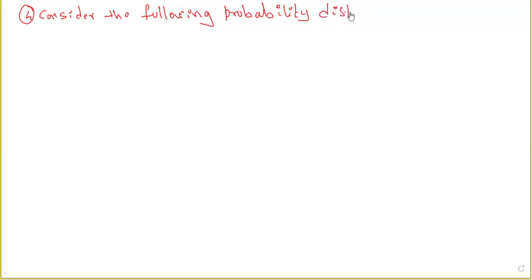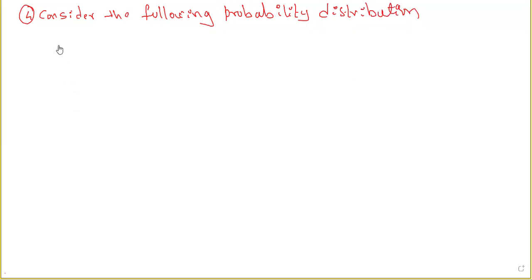Consider the following probability distribution.